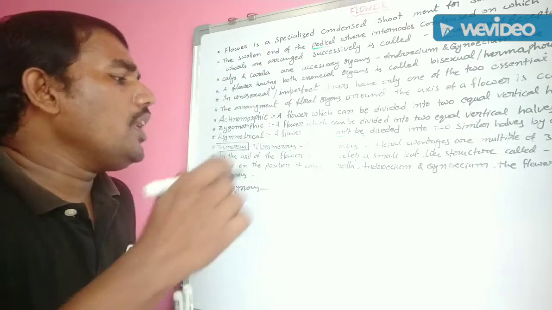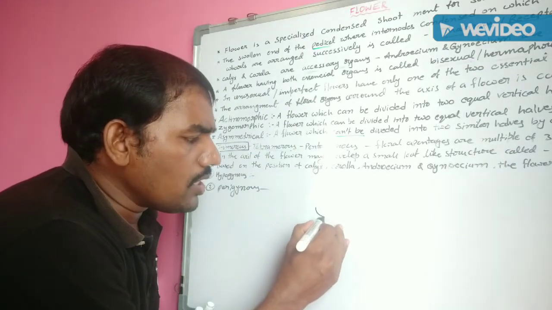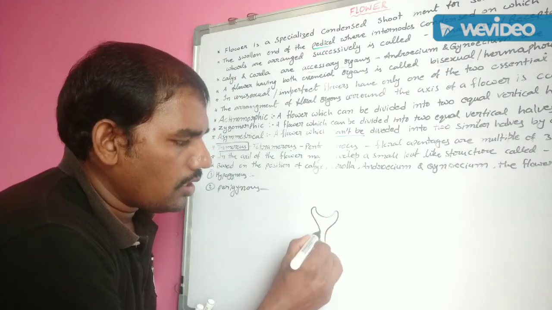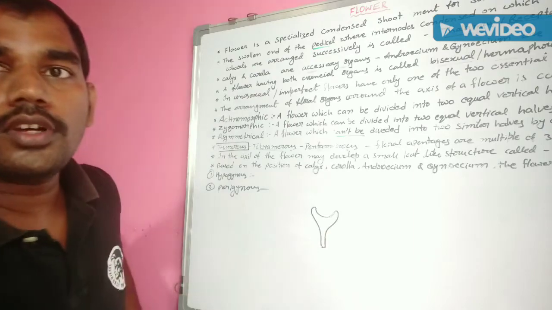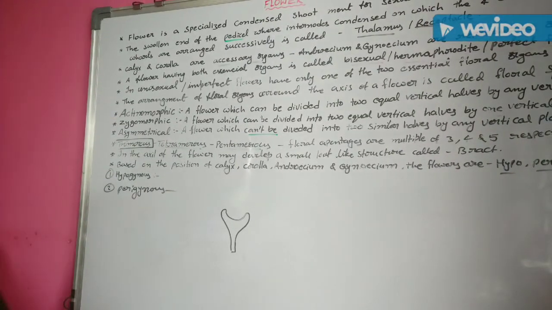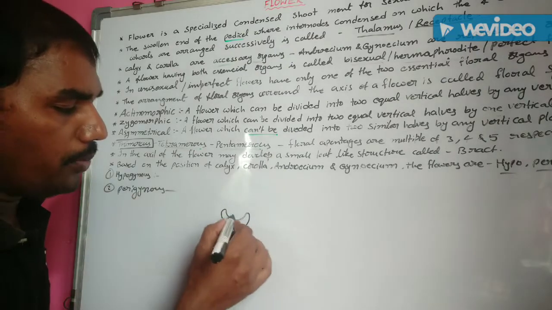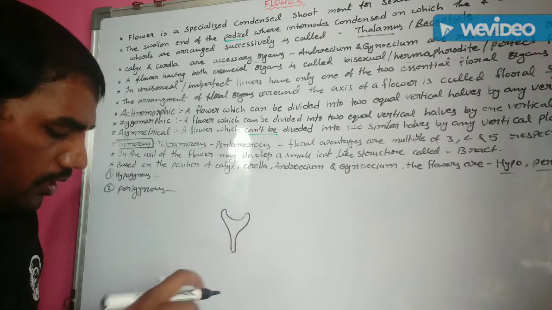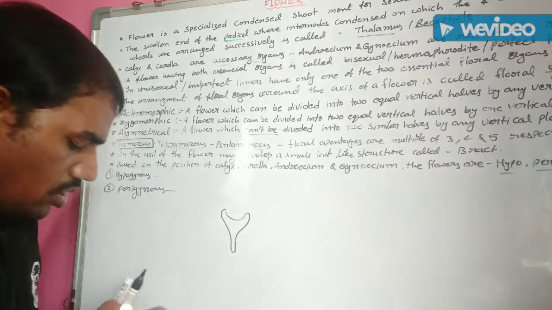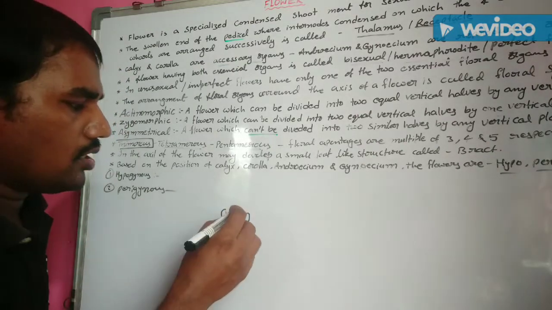Perigynous. In this perigynous flower, this one is the thalamus of the flower. The gynoecium is situated in the center, with other floral parts located on the rim of the cup-shaped thalamus.